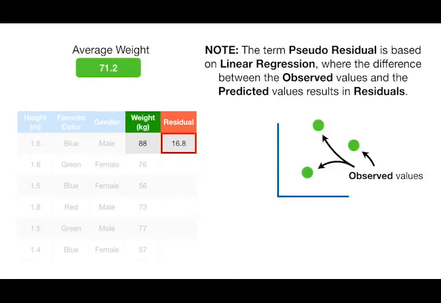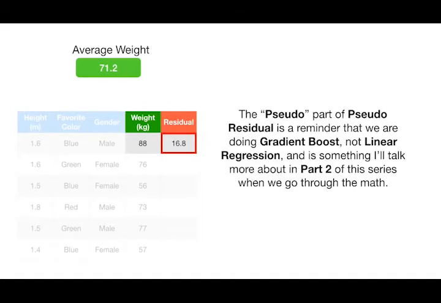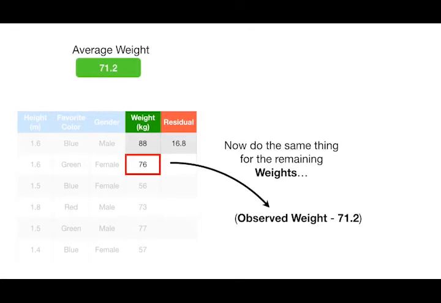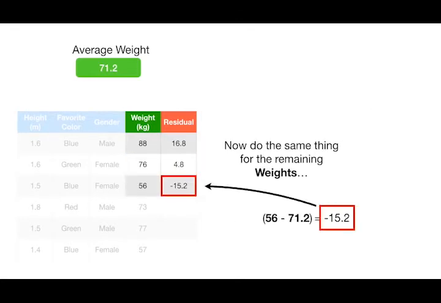Note, the term pseudo-residual is based on linear regression, where the difference between the observed values and the predicted values results in residuals. The pseudo part of pseudo-residual is a reminder that we are doing Gradient Boost, not linear regression, and is something I'll talk more about in part 2 of this series when we go through the math. Now we do the same thing for the remaining weights.